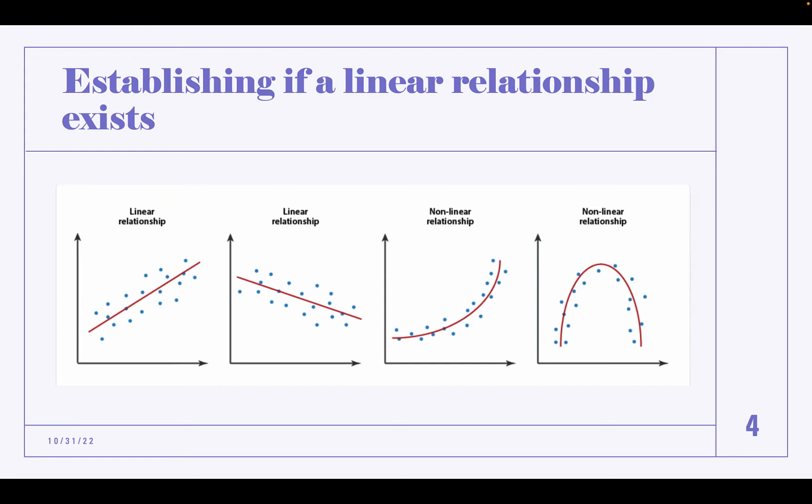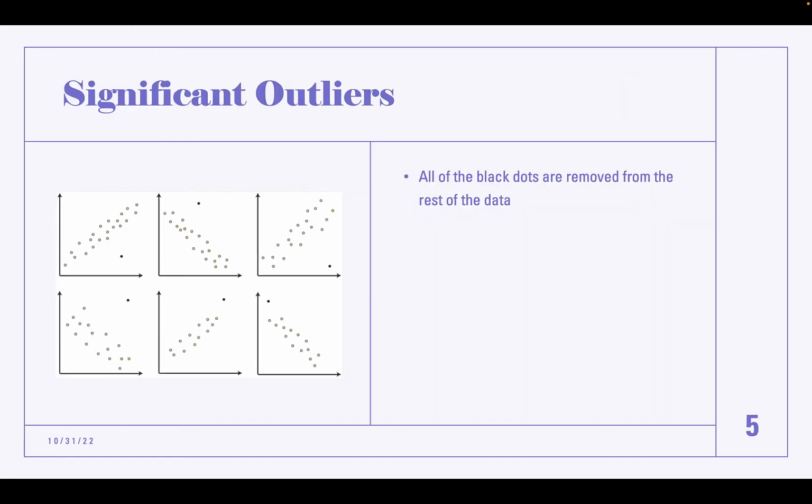However, in the two scatter plots on the right, we see two nonlinear relationships, one being more exponential and the other one being curvilinear or parabolic. And in these situations, the scatter plot is telling us that a Pearson correlation, which again gives the strength and direction of a linear relationship, would not be appropriate for these two scatter plots.